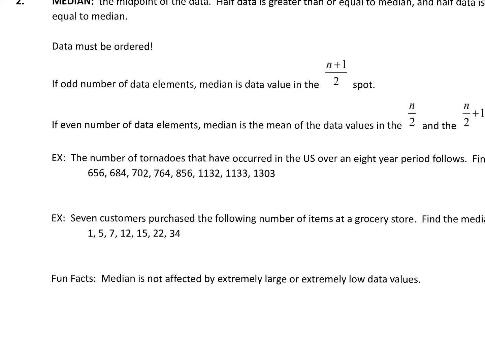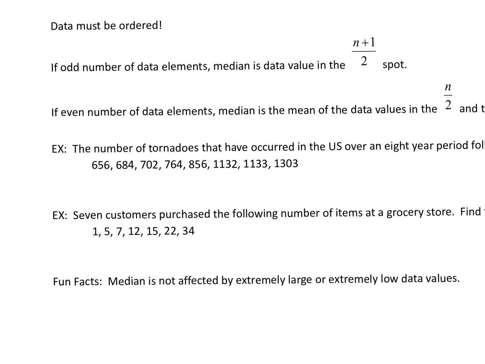So look at this: it's the number of tornadoes that have occurred in the U.S. over an 8-year period. If I look for the median, I have 1, 2, 3, 4, 5, 6, 7, 8, so I have an even number of data points. I can just count in from the ends. They're in order here. I have 4 on each side, so my middle is right here. My middle actually isn't a number, it's in between those 2 numbers.